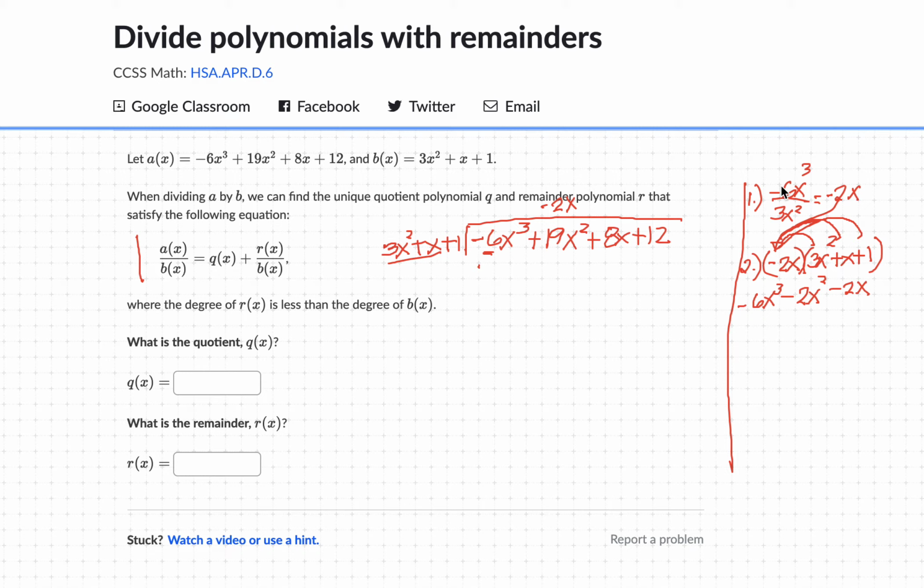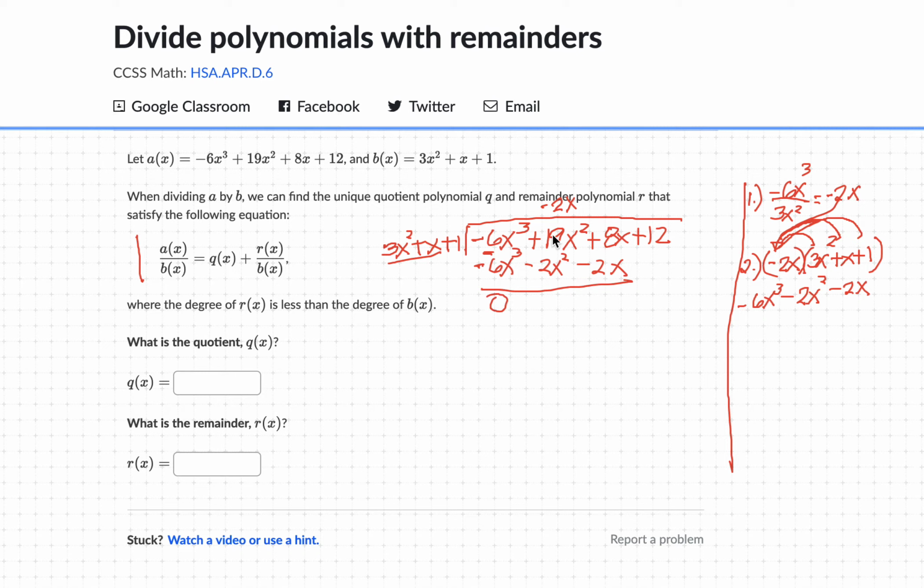So I will now just place that below my negative 6x cubed plus 19x squared plus 8x. So we now have negative 6x cubed minus 2x squared minus 2x. Then we're just going to subtract. This one will just give me a 0.